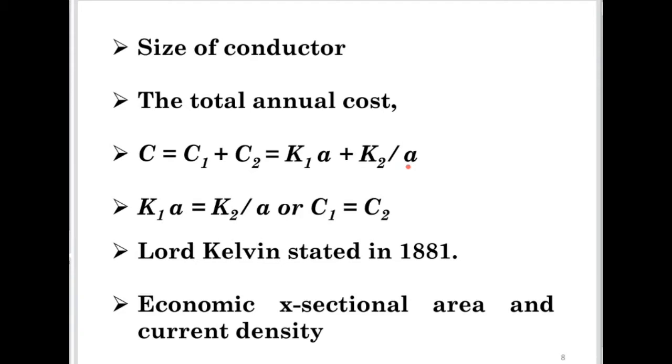It's the current flowing through a conductor of a certain cross-sectional area, meaning the current per meter squared is the current density. So if we know the most economic cross-sectional area, then we can determine the most economic current density.